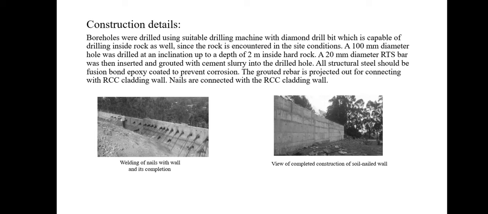As you can see, the grout mix is inserted into the drilled hole, and all structural steel bars should be fusion bond epoxy coated to prevent corrosion. So here's the diagram of welding of the nail with the wall and its completion, and we have completed construction of the soil nail wall. Here's the completed construction which took place in Tamil Nadu.